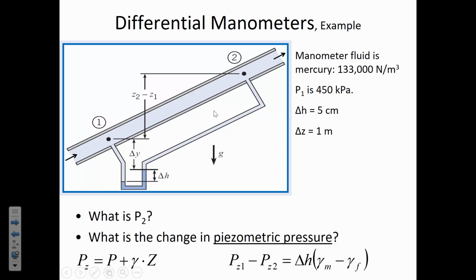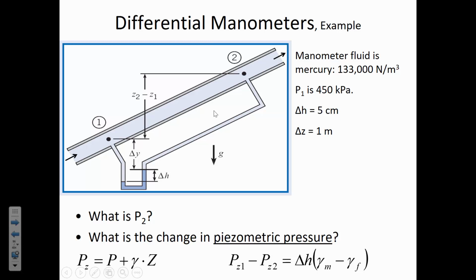Now we need to go from this interface up to 2, and we're going to do it by going up delta Y through water and then delta Z through water. Now some of these terms are going to cancel out because we've got both a plus and a minus. So for example, here is the plus delta Y of water, here's the minus delta Y of water. So I'm going to cancel out that term and this term, and I can simplify.